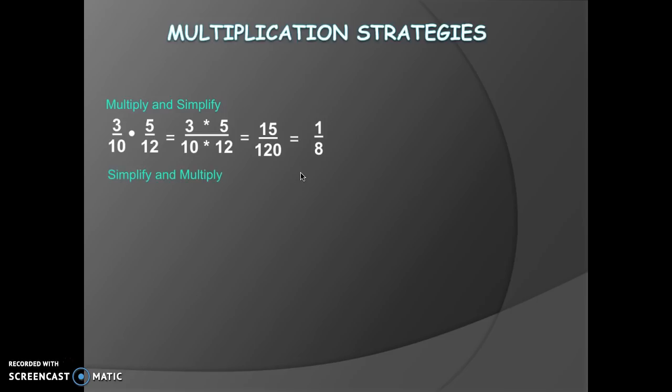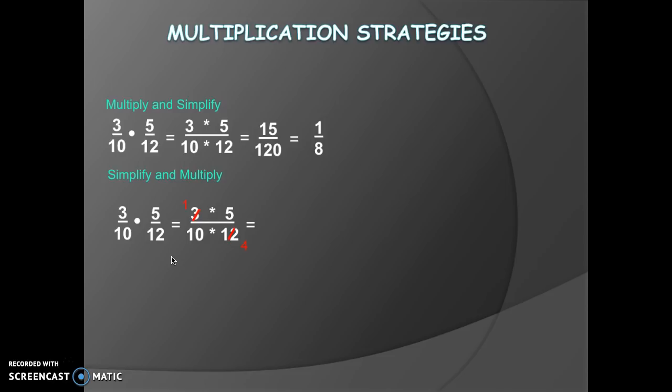If we simplify first, here's what this would look like. As I look at the numbers on the top with the numbers on the bottom, I know that 5 is a factor of 10, 3 is a factor of 12, so I can actually take 3 divided by 3 is 1, 12 divided by 3 is 4.